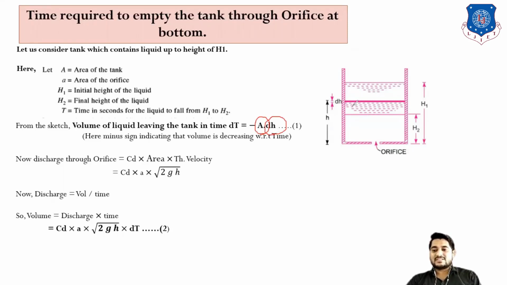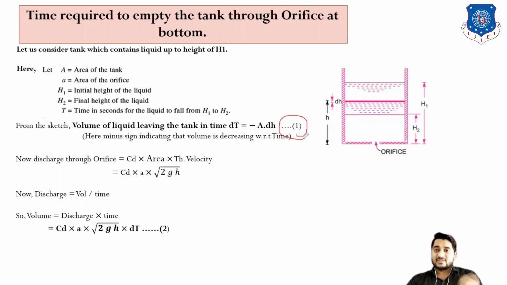First we will do the analysis of small height dh, then with integration we will convert it for the whole tank. So from the sketch, volume is equal to area of tank into small height. Here we put a negative sign because the negative sign indicates that volume is decreasing with respect to time. Clear?